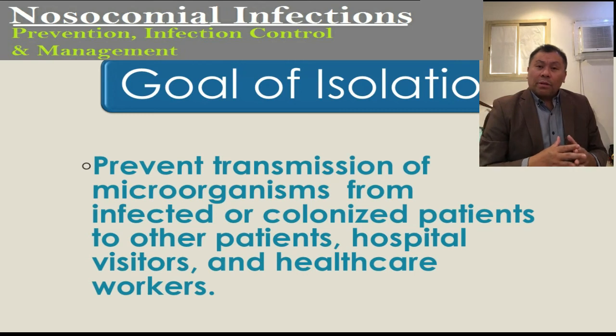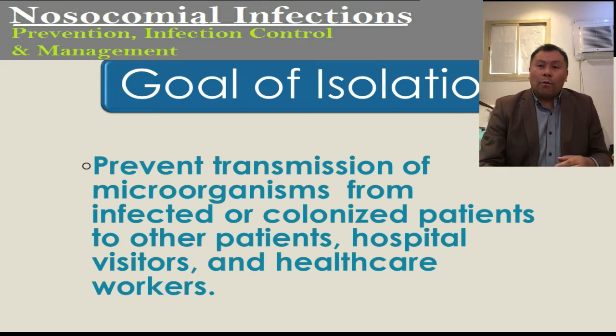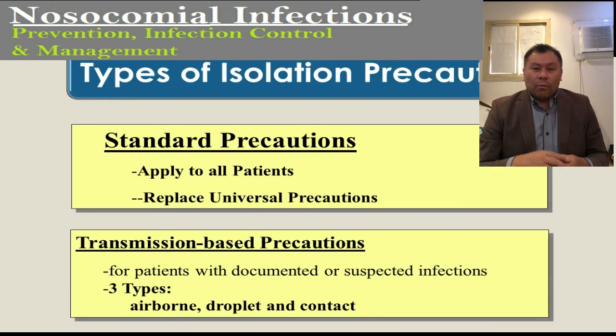What are the goals of isolation? This is very familiar to all of you. The goal is to prevent transmission of microorganisms from infected or colonized patients to other patients, hospital visitors, and healthcare workers. What are the types of isolation precaution?